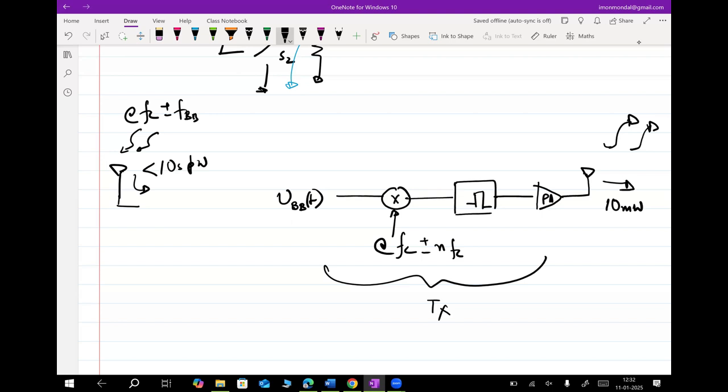So which type of maths do we normally do when we have to refer to numbers of different magnitude? Let's say I want to do maths having 1 nanowatt, or 10 power minus 9, and at the same time I also want to process 10 power minus 3 or 10 power minus 1. Log scale, right? So dB essentially.